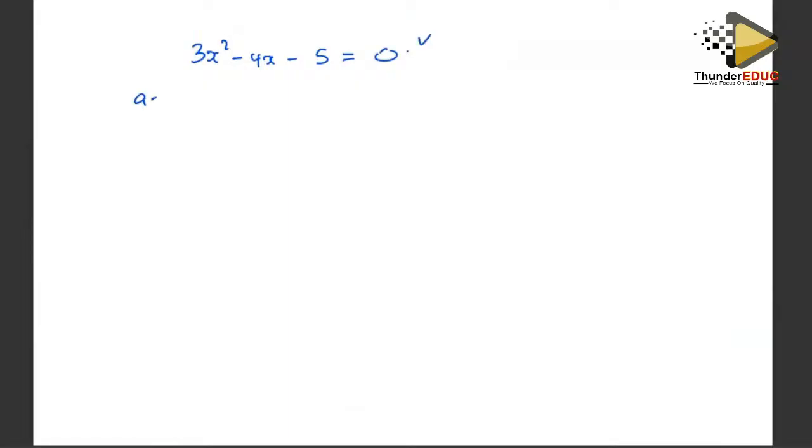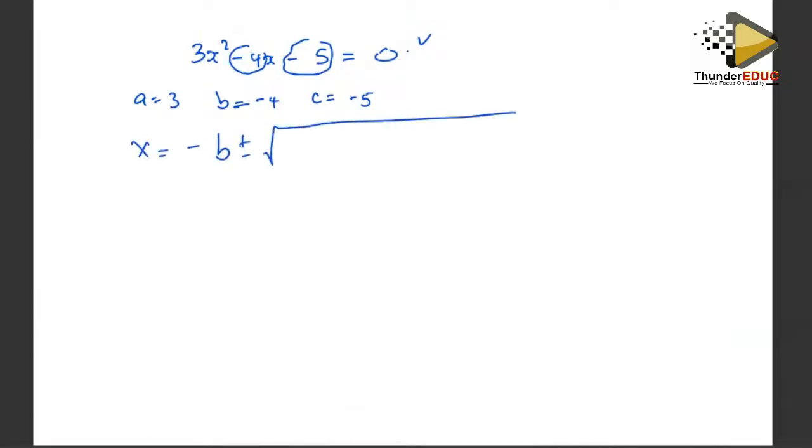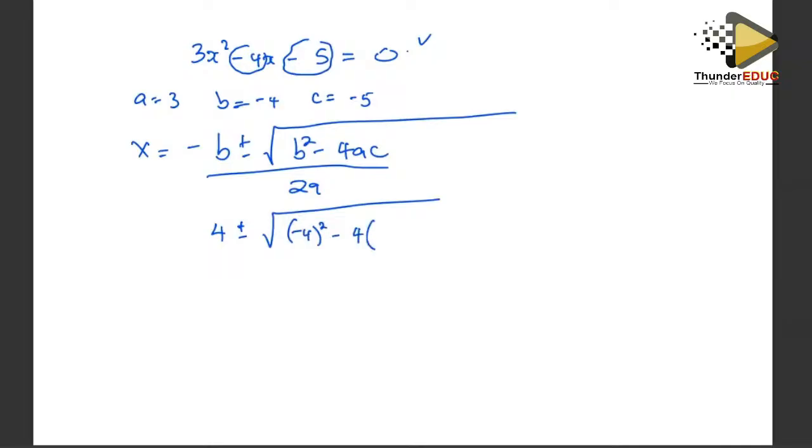Now from here, we know that our A is a 3, our B is a negative 4, a number with its sign. And then the C is gonna be a negative 5, number with its sign. And then write down the quadratic formula, negative B plus minus the square root of B squared minus 4AC, divided by 2A. Let's substitute, so a negative and negative, that's gonna give us a positive 4 plus minus square root of negative 4 squared minus 4 into 3 times negative 5, divided by twice 3.